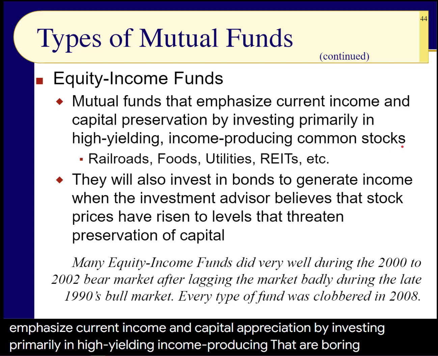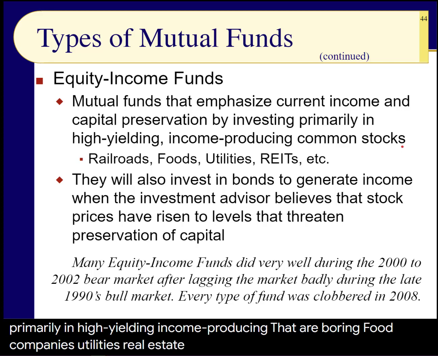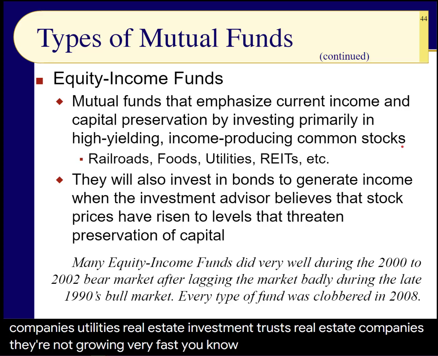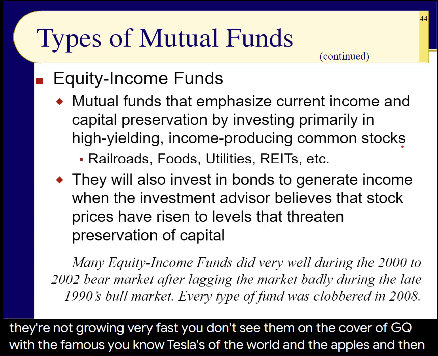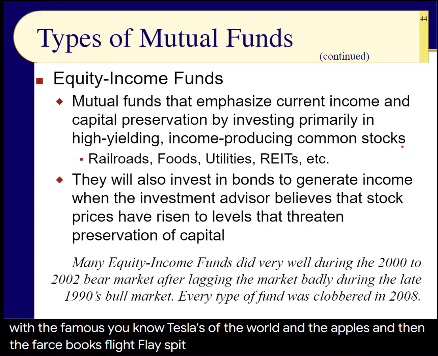Railroads, food companies, utilities, real estate investment trusts. There you get, real estate companies. They're not growing very fast. You don't see them on the cover of GQ with the famous Teslas of the world and the Apples and the Facebooks of the world. No, food companies.